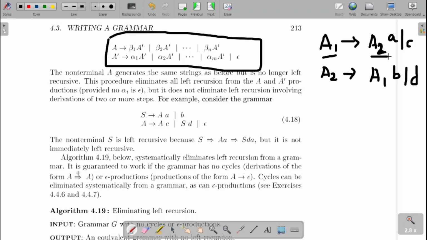Here we have A1, there I have A2. I will say that I don't have left recursion, but it is not true.